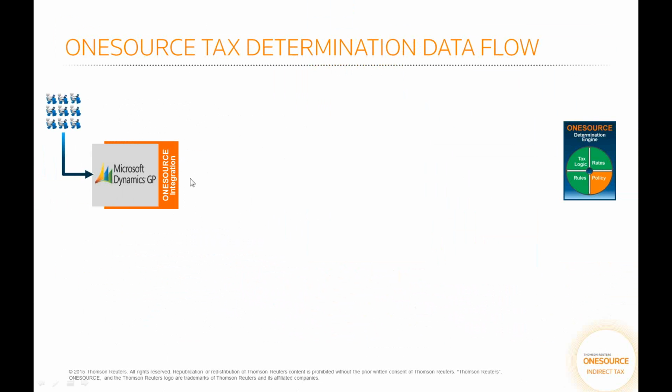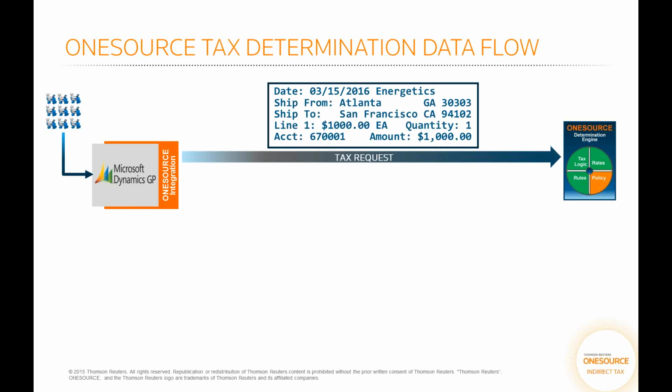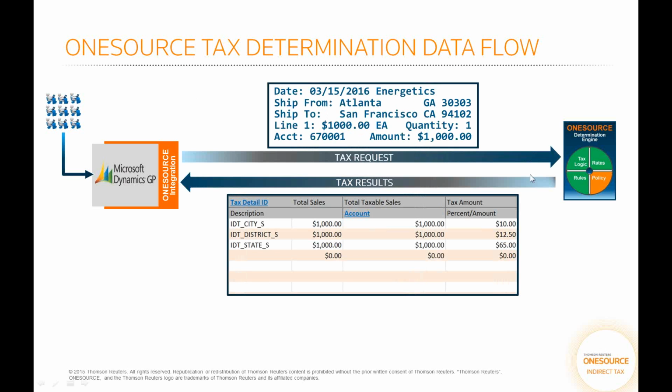During a generation or completion of a transaction, a request for tax will be sent from GP through our integration package to the tax engine. And the tax request will include transaction data such as this: ship from, ship to locations, a quantity, an amount, and maybe more. So with this information, the tax engine will calculate which taxes or exceptions may apply, and then send a response back to GP.